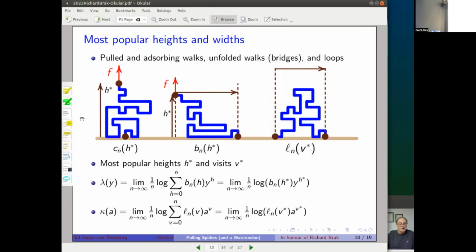So for example, in the case of the pulled walk, or the pulled bridges in this case, here is the partition function. So that piece is the partition function.